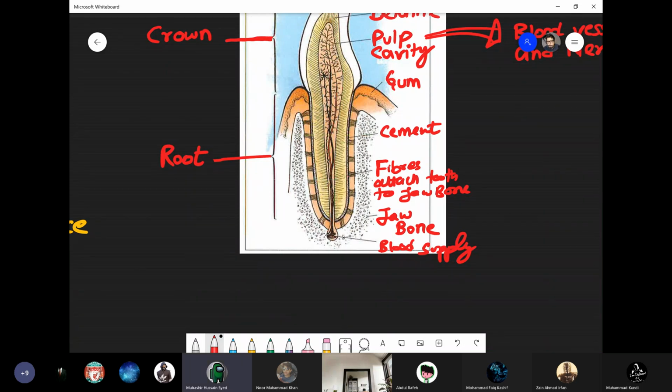For fixing the tooth into the jawbone, there is this chemical which is called cement, and there are these fibers as well, which are made up of special proteins, which help in keeping the tooth in place. Fine. Got it? Yes, sir.